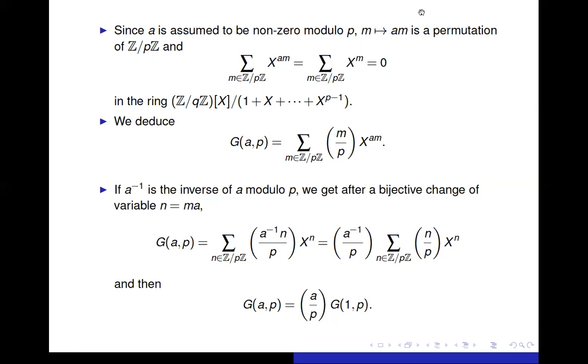And then I can factor, because the Legendre symbol is multiplicative, the Legendre symbol (a^(-1)/p), and then I get (a^(-1)/p) times the sum of (n/p) x^n. But (a^(-1)/p) and (a/p) are equal, because the ratio is a square, and a square is a square modulo p. So I get g(a,p) = (a/p) g(1,p). Okay, so this is a very classical relationship between Gauss sums.